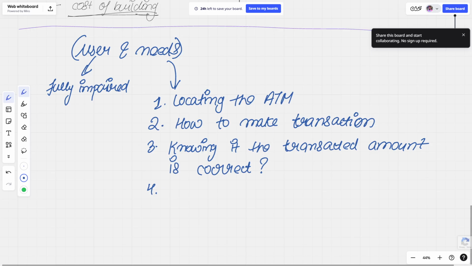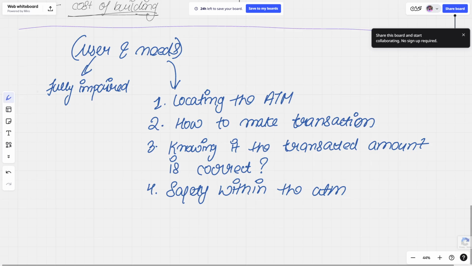And fourth one is safety within the ATM. There could be someone that just steals away their money. So these are the four pain points I'm thinking of right now.